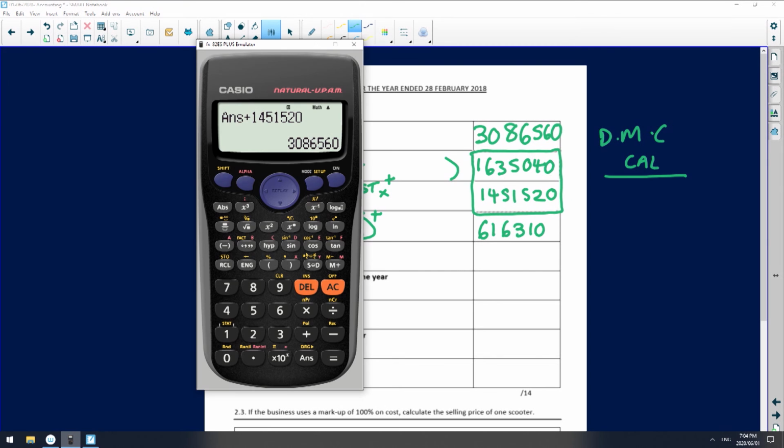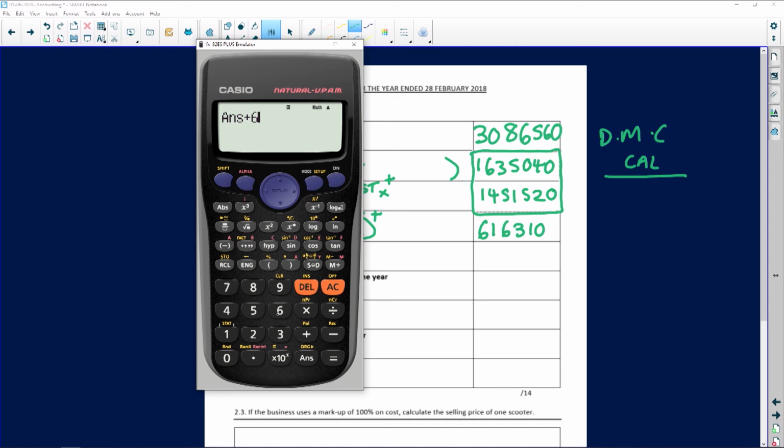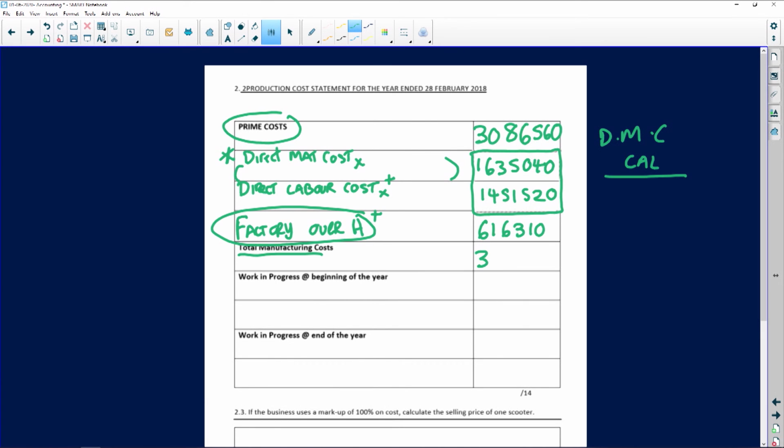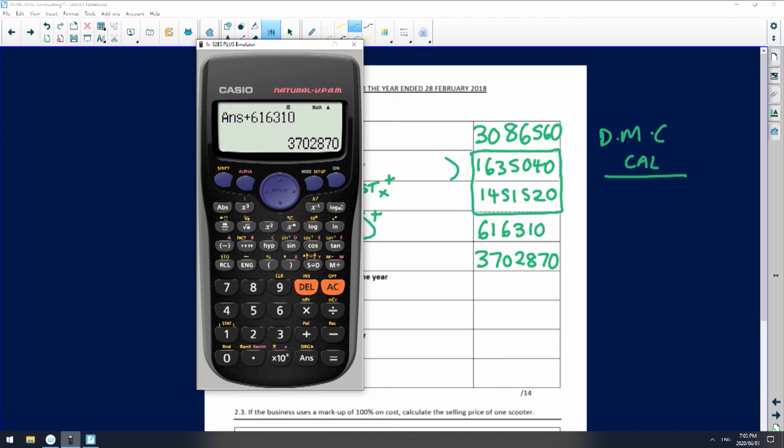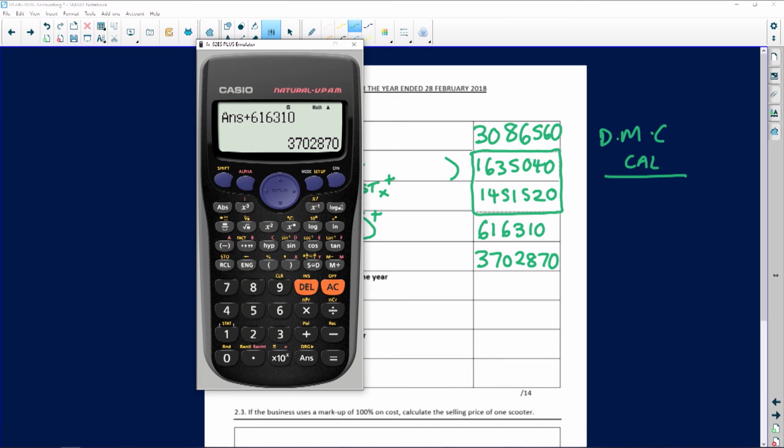So let's do that quickly. I've got my prime cost already, plus factory overheads, 616,310, and that gives us a figure of 3,702,870. I just want to quickly double check that. Yeah, that looks correct. 3,702,870.